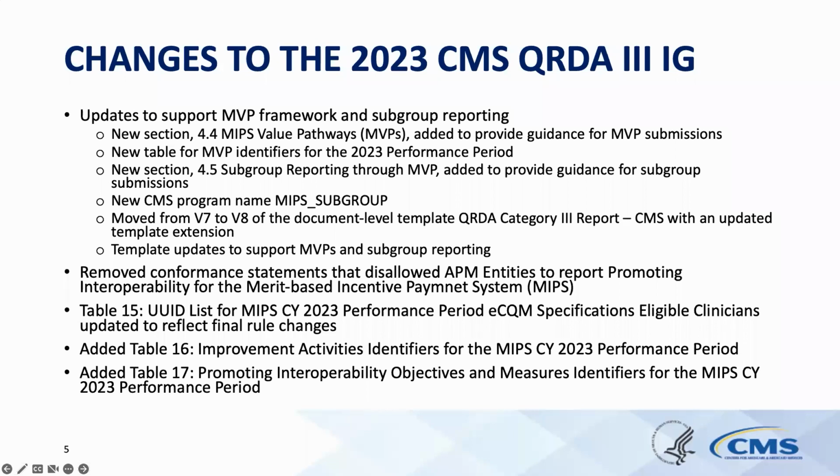The new version has also added new tables, table 16 and table 17, to list the improvement activities identifiers and the promoting interoperability measures identifiers for the MIPS CY 2023 performance period. Next slide, please.